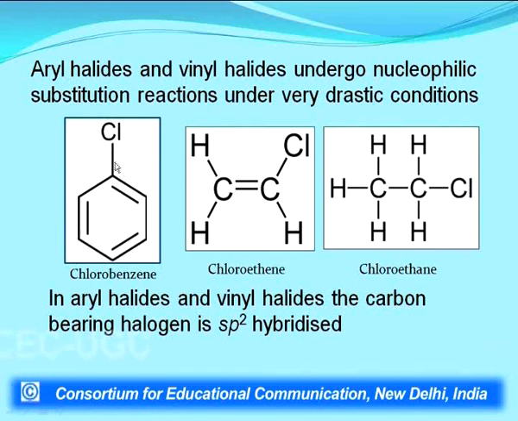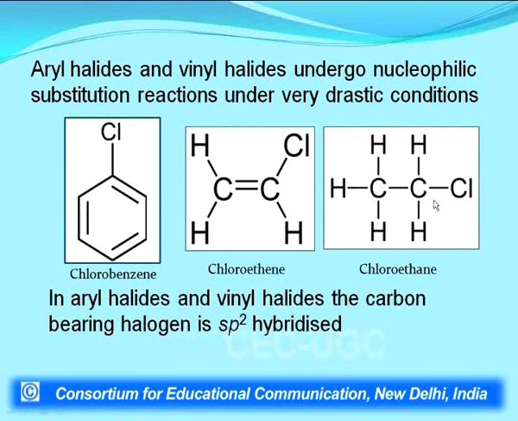So, the C-Cl bond in chlorobenzene and chloroethene is shorter because the carbons are using sp2 hybridized orbitals, whereas here this C-Cl bond is slightly longer because this carbon is using an sp3 hybridized orbital.